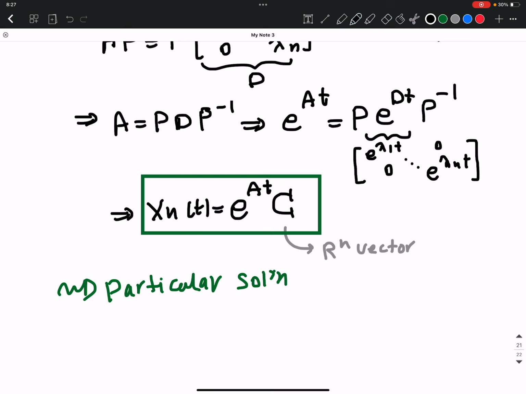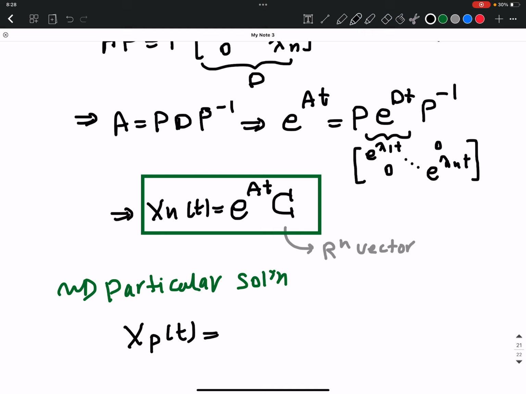So for the particular solution, my x_p would be, if you go back to first order linear ODEs and look at how we got the particular solution, I can just use that and rewrite it here.